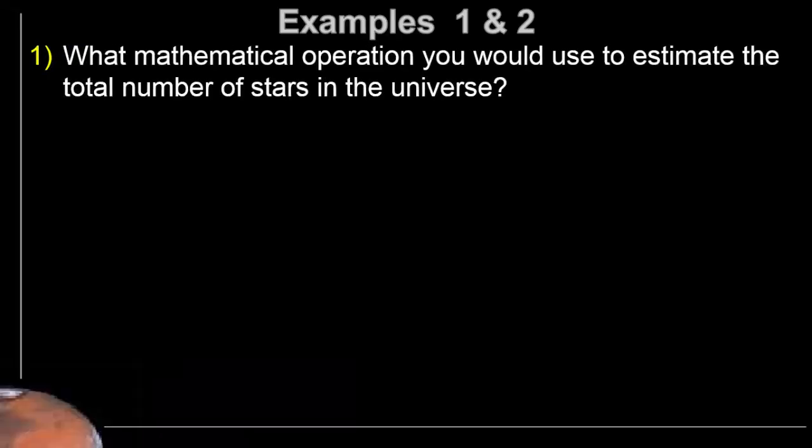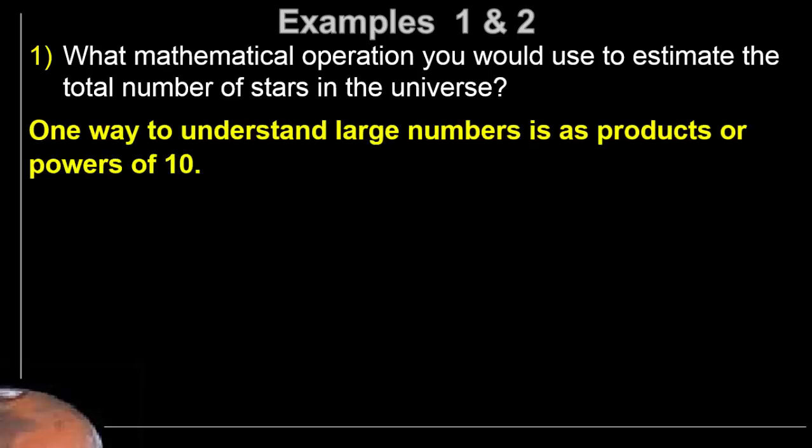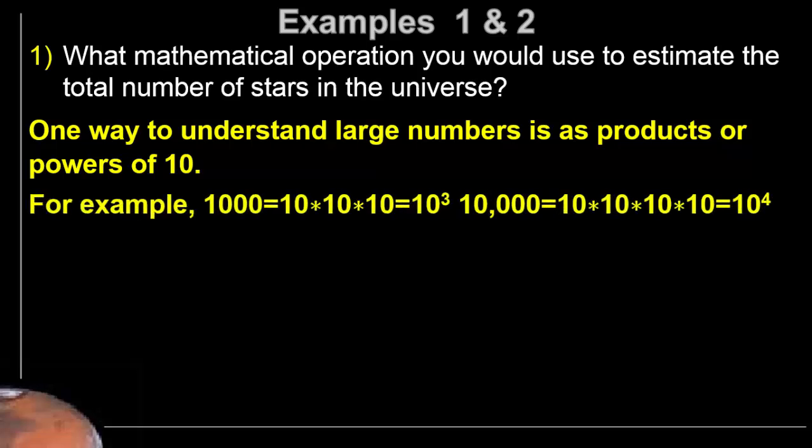In example 1, we ask what mathematical operation you would use to estimate the total number of stars in the universe. One way to understand large numbers is as products or powers of 10. For example, 1,000 is 10 times 10 times 10, which is 10 to the third.